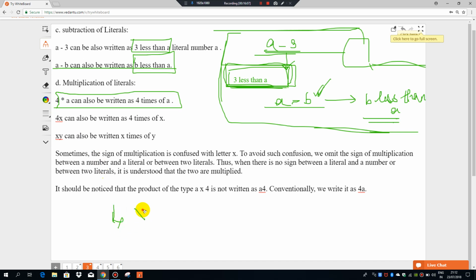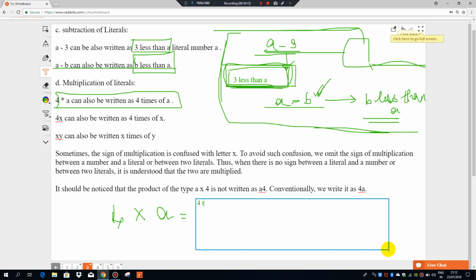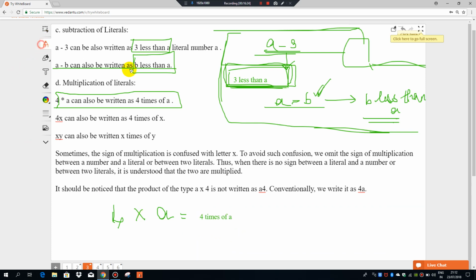4a is 4 times of a, right? The symbol of multiplication is not the letter X; we use this symbol, which is a star, which is used for multiplication.